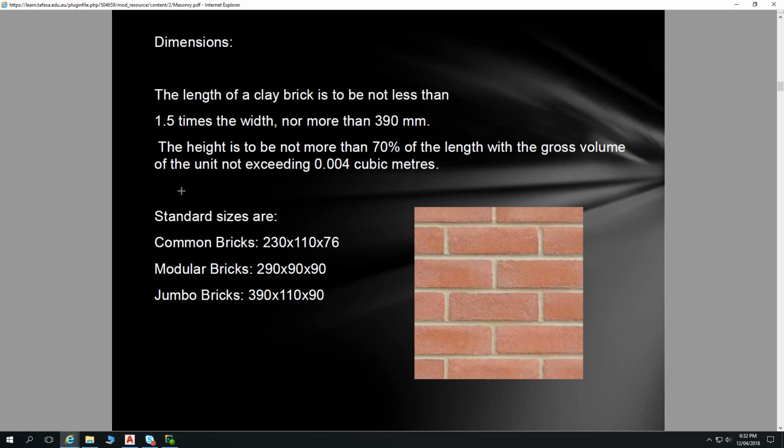So good idea, but they didn't so much take off. And also, we've got jumbo bricks there, 390 by 90. They're even longer. I don't know that I've ever seen any jumbo bricks in use myself. I've seen plenty of concrete blocks, 390 long concrete blocks. We'll get into those in a bit.